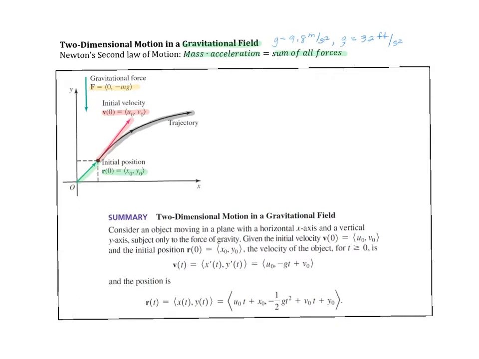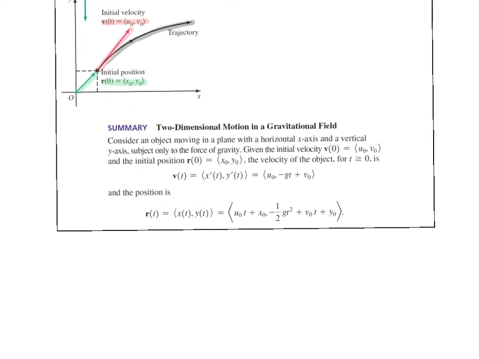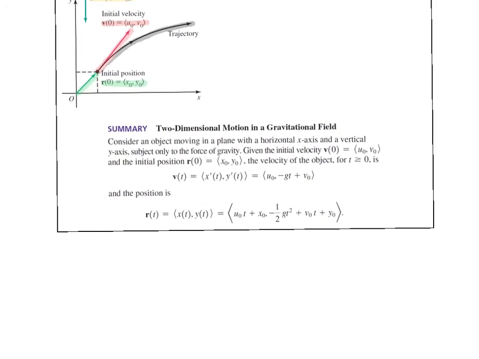So we have this downward force. And I would just like to double check these properties in the summary. So down here in the summary, we're looking at two-dimensional motion with some initial velocity that we've already talked about and some initial position.